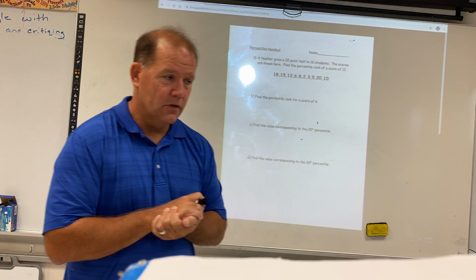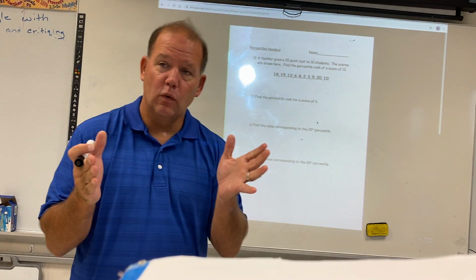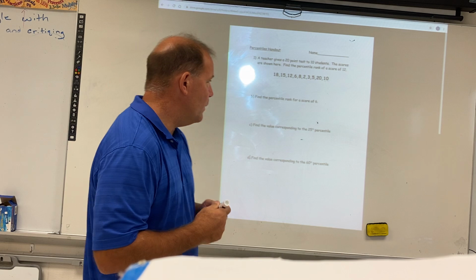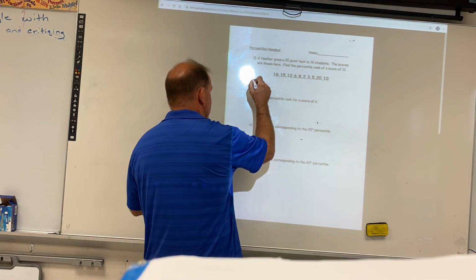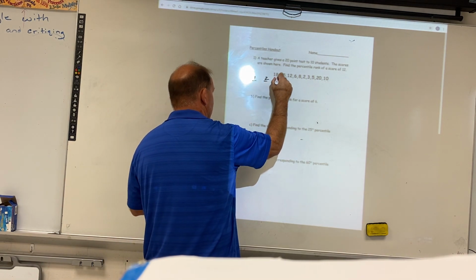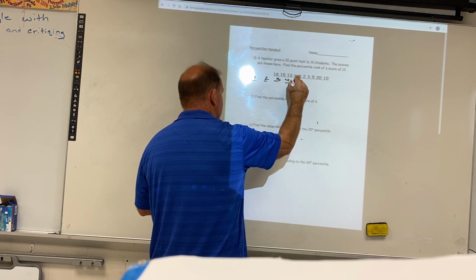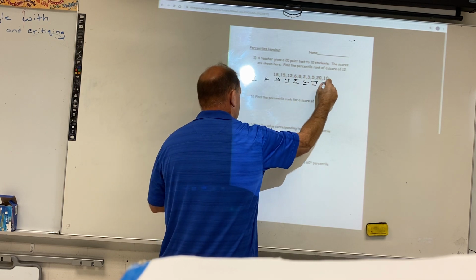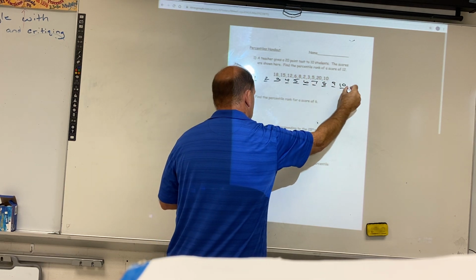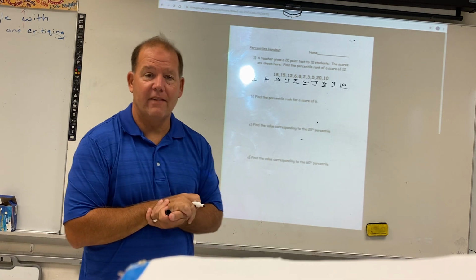Anytime we deal with percentiles or quartiles, where we're doing ranking, the first thing that we have to do is put our numbers in order. Before I put my numbers in order, I'm just going to write 1 through 10 because I have 10 values.